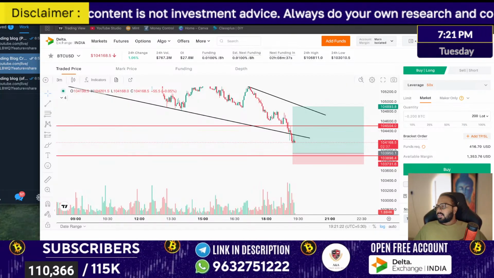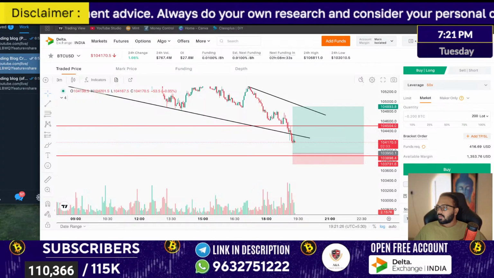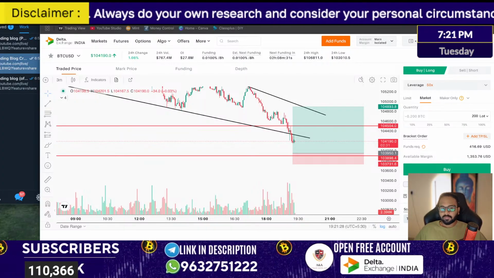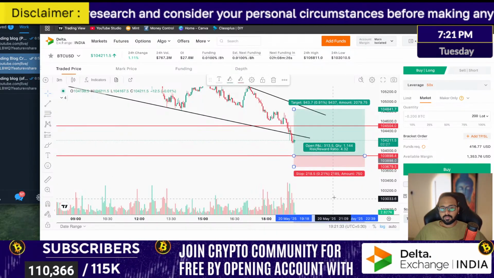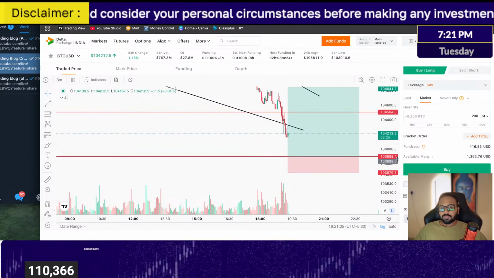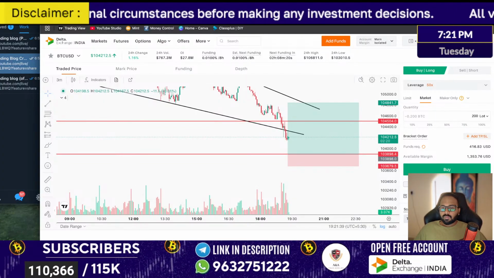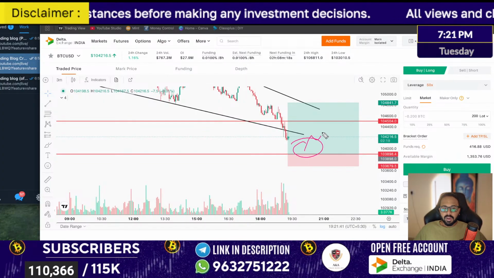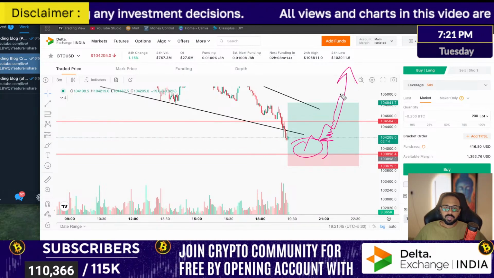Let's wait, traders. Let's wait. If this is the area from where market is going to be trending, it will be very helpful for us to keep trailing the stop loss and going.